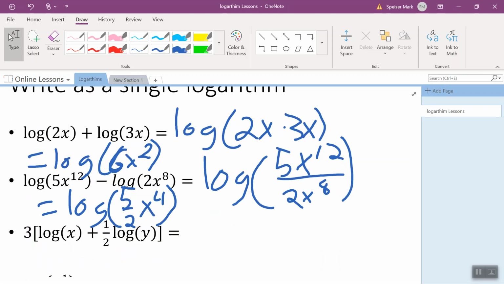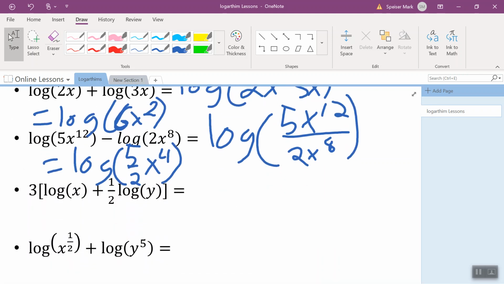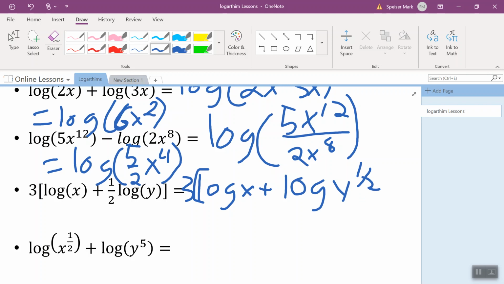And the final example, this one: 3 times the log of x plus half log y. Simplify what's in the parentheses first. So we get 3 times log of x plus log of y to the half.